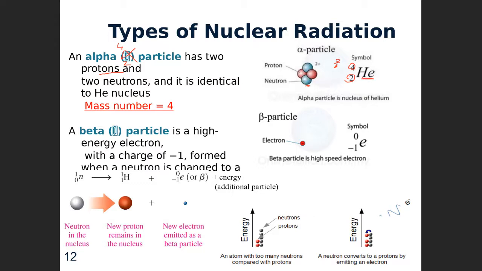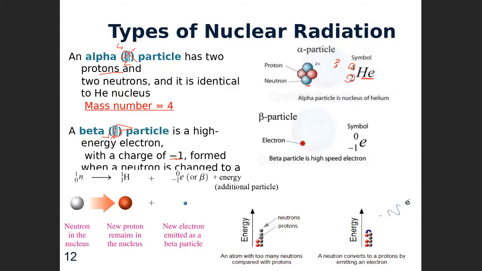The second type of particle is the beta particle, which we can represent by B. The beta particle is a high energy electron, a negative electron with a charge of -1, formed when a neutron is changed to a proton. Can we see this example?